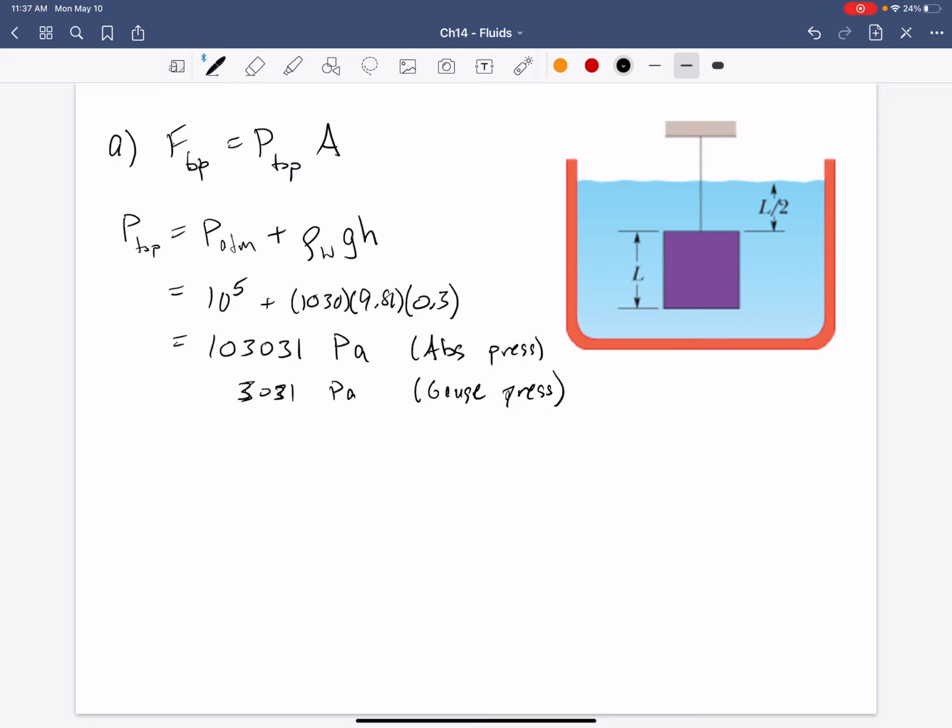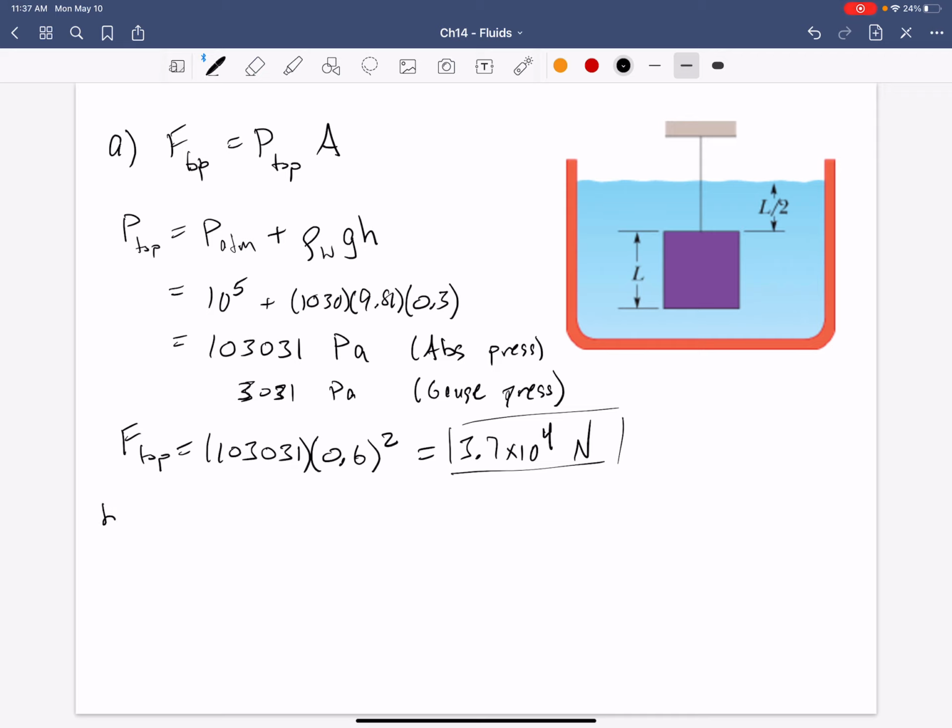So now that we have the pressure, we can multiply that by the area and finally get the force on the top of the cube: 103,031 pascals times 0.6 squared. This should give us about 37,000 newtons. That's the magnitude of the force pushing down on the top face.